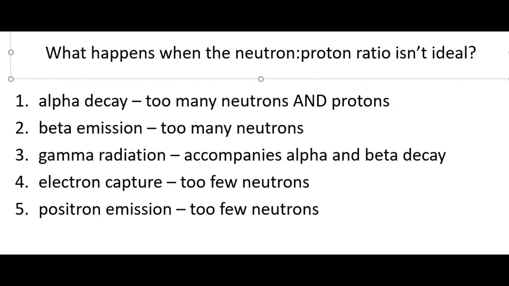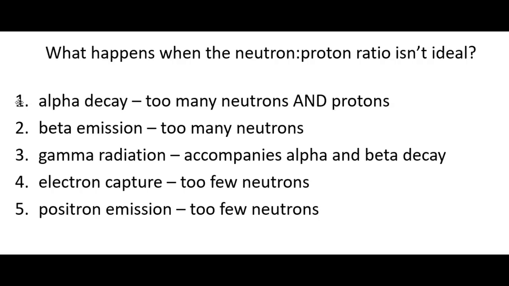So then this, of course, leads to what happens when that neutron to proton ratio isn't ideal. Well, there are several different things, actually, that can happen depending on whether there's too many neutrons or too many protons. Alpha decay happens when there are too many neutrons and too many protons inside the nucleus.